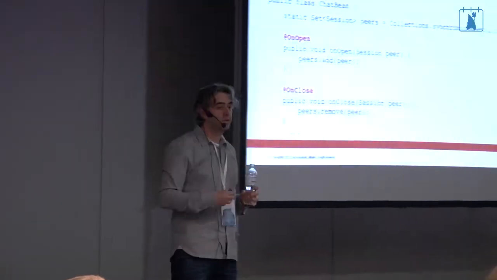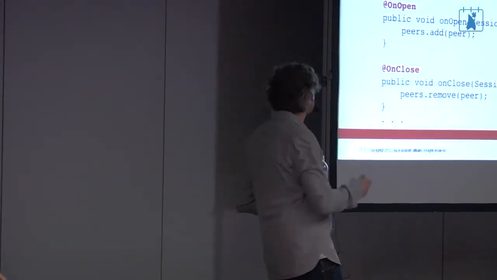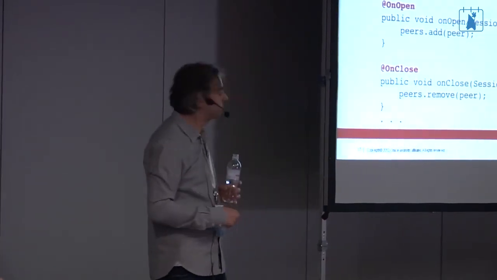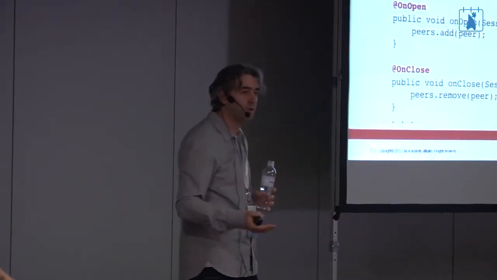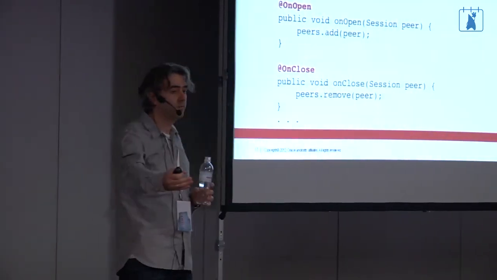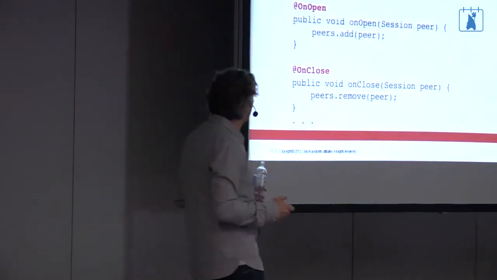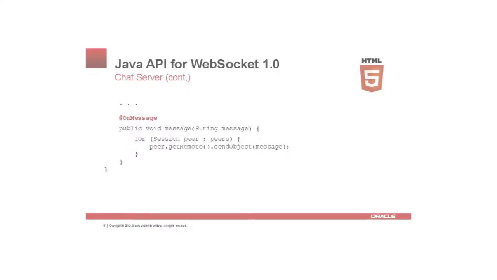Whenever there is a new connection, we just take the remote endpoint and add it to a list. And we do the opposite whenever someone drops the connection. Whenever a connection is dropped, we just take the endpoint that has disconnected and remove it from the list. And finally, the last event we will handle is whenever there is a new message coming on the connection.